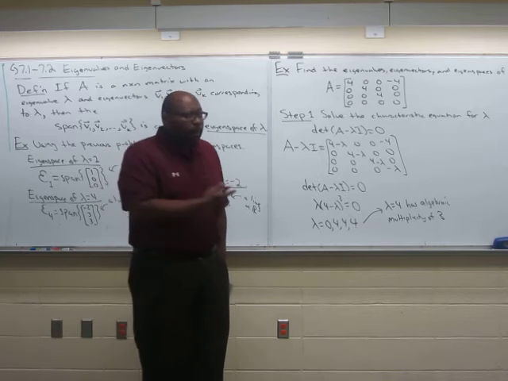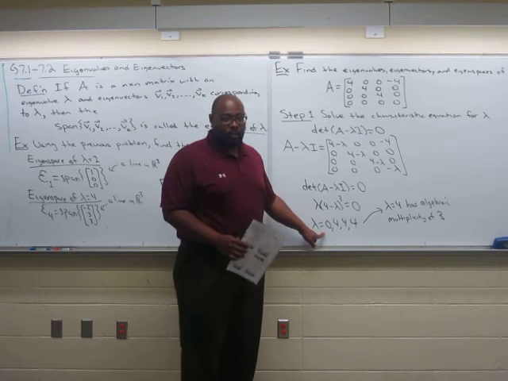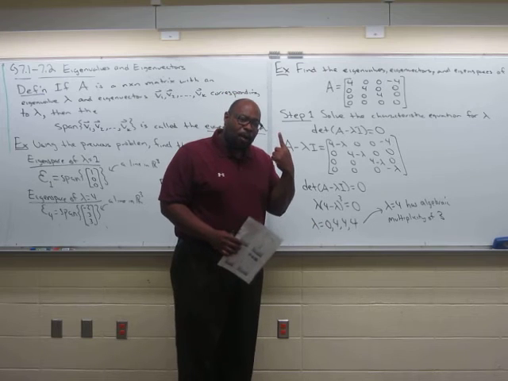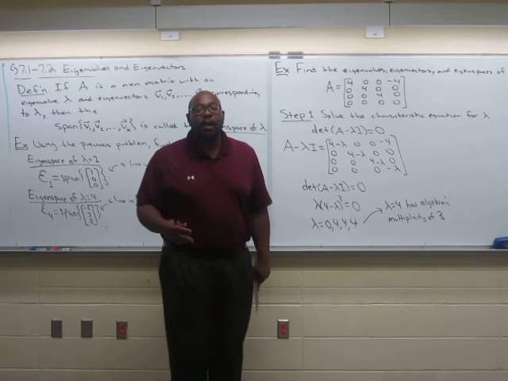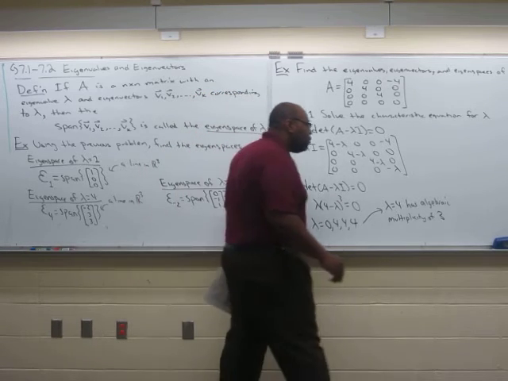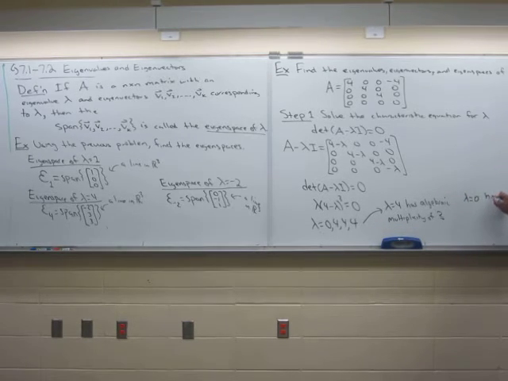Now, what is the algebraic multiplicity of 0 then? How many times does 0 repeat? Well, it only occurred 1 time. So we say that lambda equals 0 has algebraic multiplicity of 1.